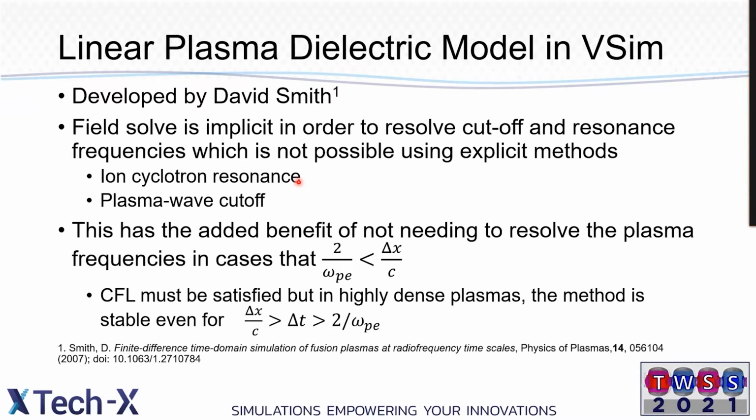It has an added benefit that for very dense plasmas, we're not there in the problems I'll be showing you, but for very dense plasmas, sometimes the density is so large that the time step restriction is greater than the Courant condition, and this scheme avoids that. You can use a time step bigger than this, but you still have to satisfy the Courant condition. That is, you have to have your cell size small enough, or your time step small enough, that light waves don't pass through a cell in less than one time step.